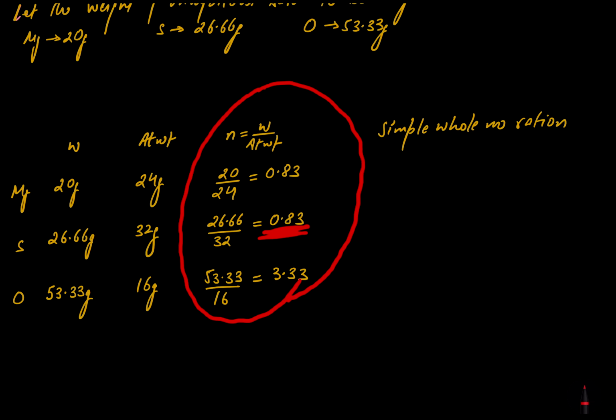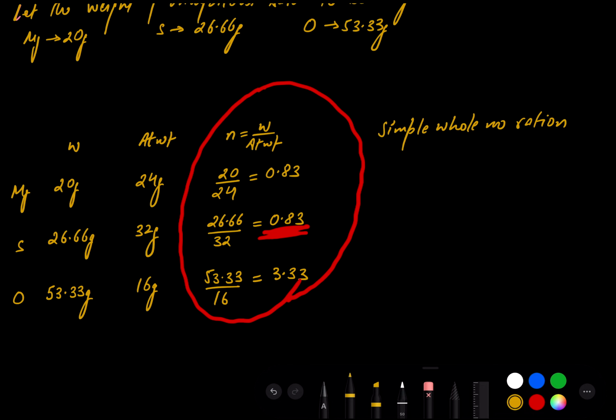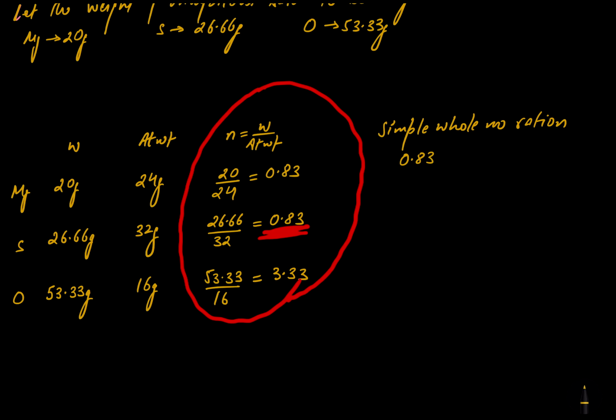So I'm going to divide all the values of number of moles, that is of magnesium, sulfur and oxygen, by the lowest value, that is 0.83. So 0.83 divided by 0.83 is 1. Now 0.83 divided by 0.83 is again 1. And now 3.33 divided by 0.83 comes out to be 4.